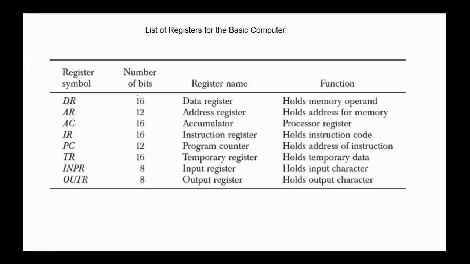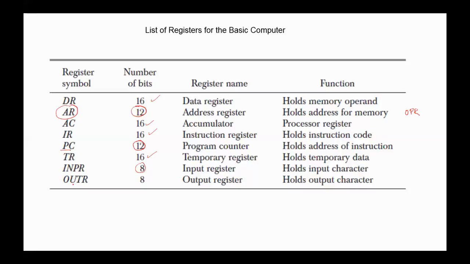The size of the data register is 16 bits and it holds the memory operand. The address register holds the address for memory, usually the address of the operand, and its size is 12 bits, the same as the size of the program counter, which is used to hold the address of the next instruction to be executed. The size of the accumulator, the data register, the instruction register, and the temporary register is 16 bits, the same as the size of any memory location.